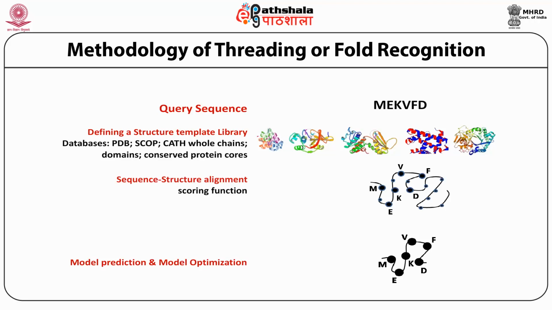Out of the possible models that could reflect the low energy states, the model prediction and model optimization finally chooses the best model that could be closest to the native structure or the protein in vivo.